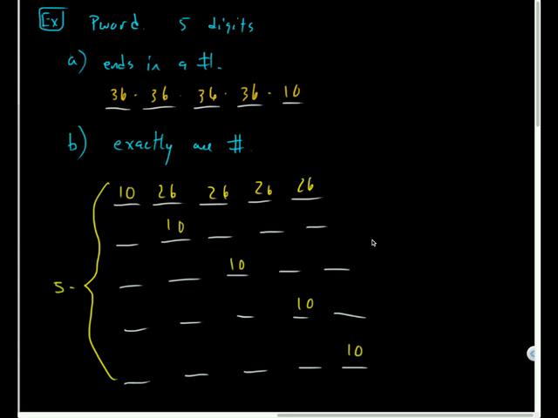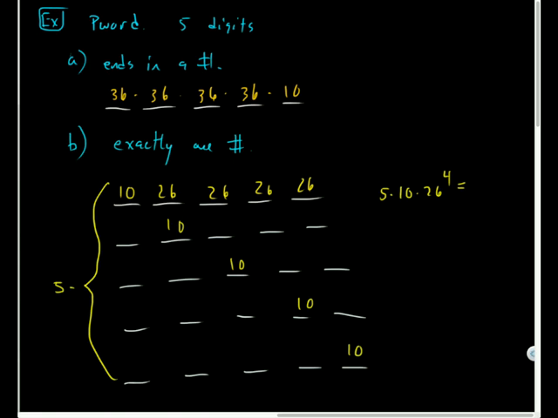So the answer to this question would be 5 times 10 times 26 to the 4th, where I have to take into account where that number lands. So there's all sorts of different ways that these problems can get slightly more complicated. But the idea is you have to figure out, is it independent, is it dependent, and what is going on in the situation.